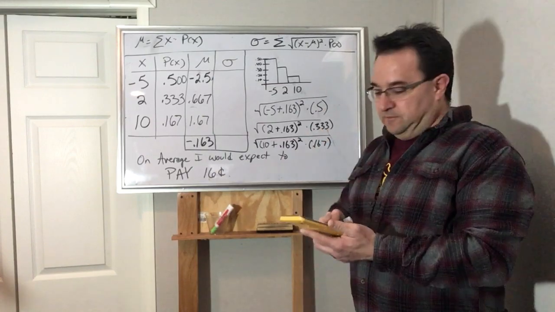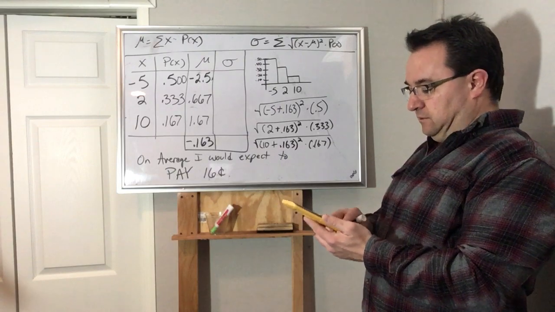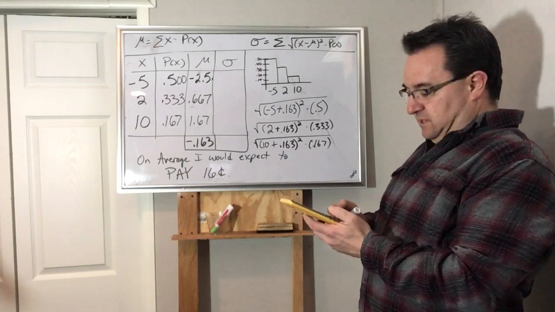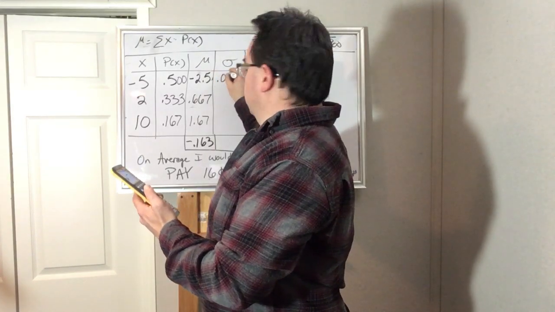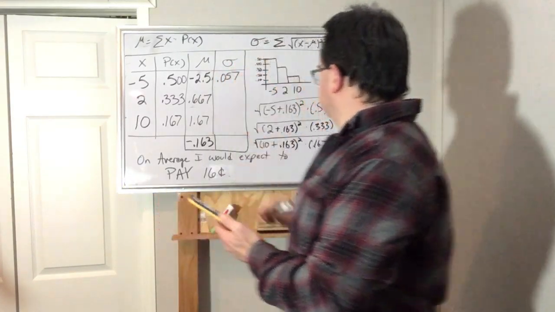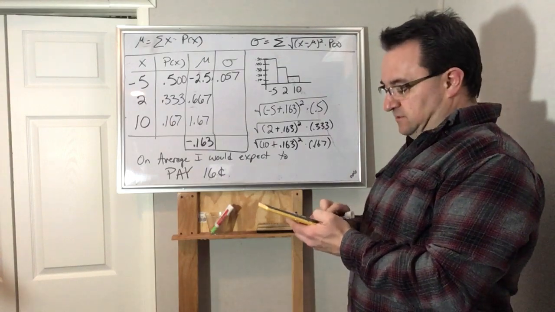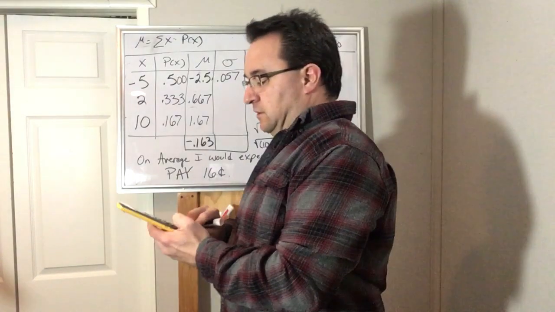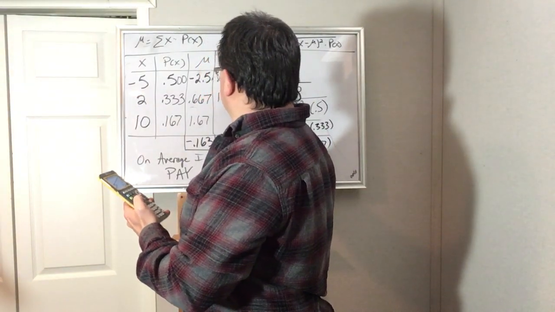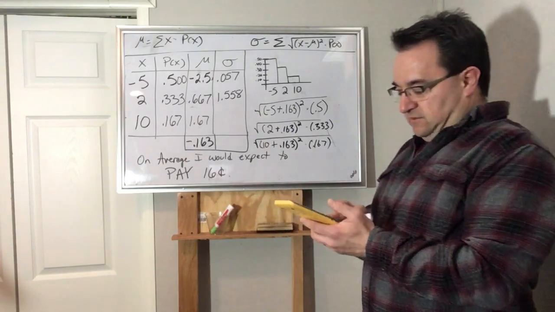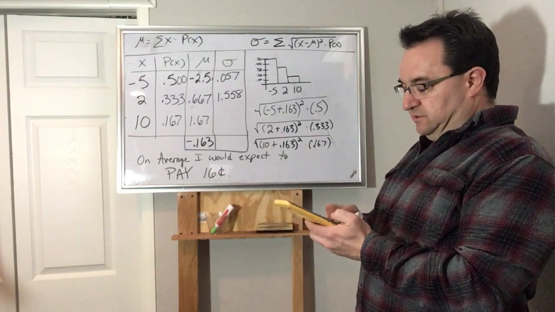So I'm going to do all the button pushing here. Let's see, minus 0.5, square it, times 0.5. That gives me 0.057. 2.163 squared times a third is 1.558, and 10.163 squared times 0.16. Oh shoot!